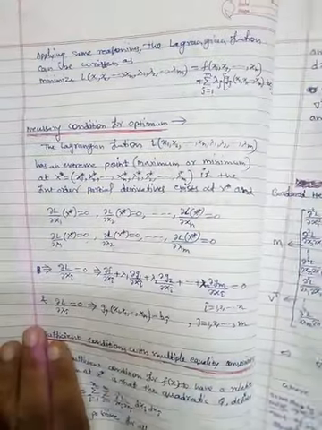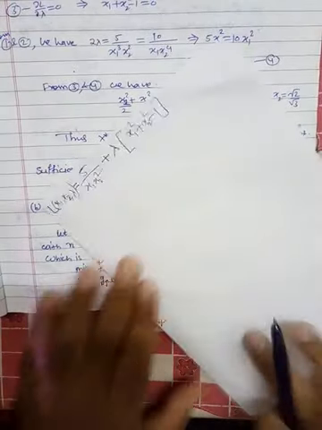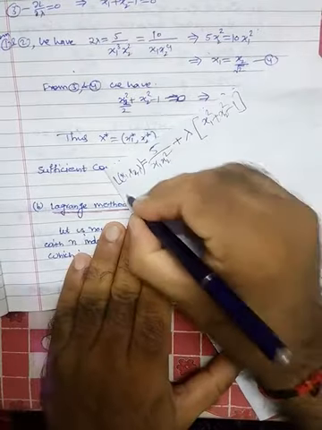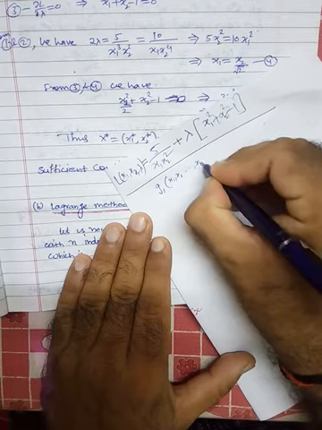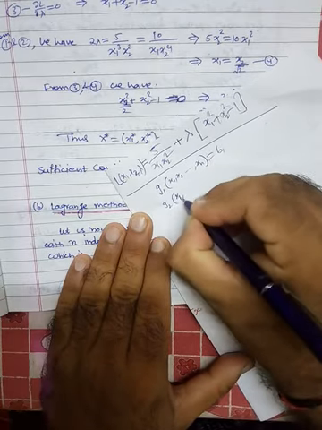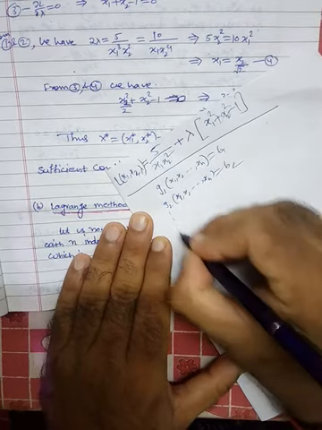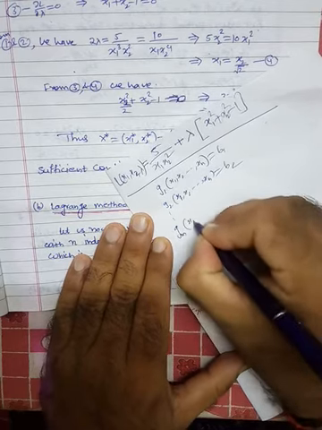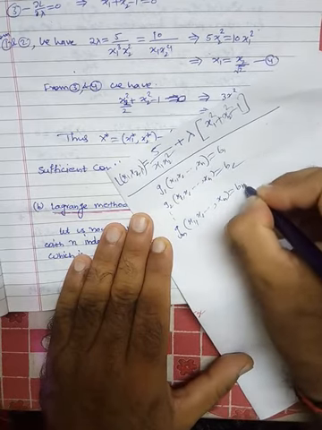Now first construct the Lagrangian function. Since here we are having m number of constraints, they are of this kind: g1 x1 x2 xn is equal to b1, g2 x1 x2 xn is equal to b2, and finally we have gm x1 x2 xn is equal to bm.